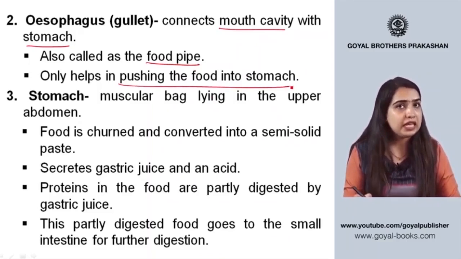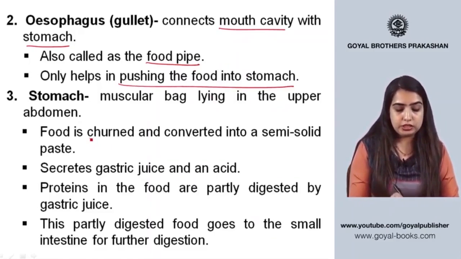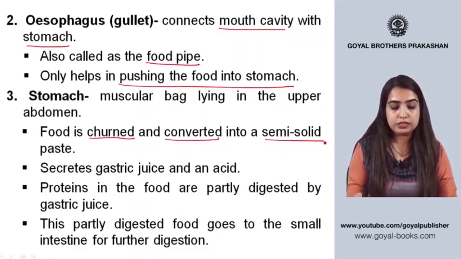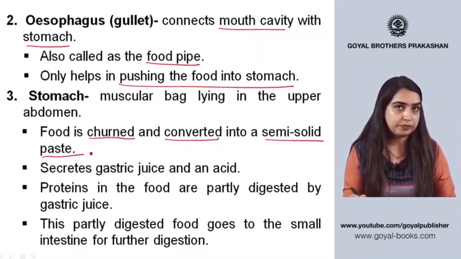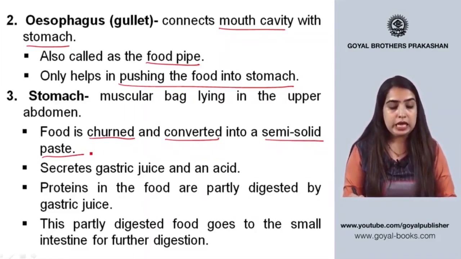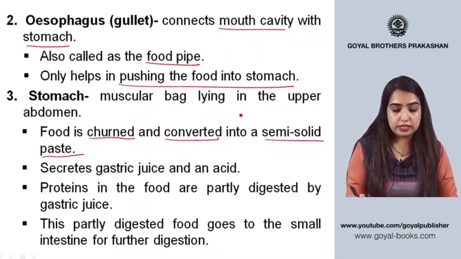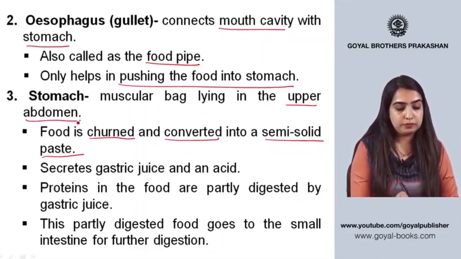Now, when the food has reached the stomach, the food is churned and converted into a semi-solid paste. And you might ask, what does the stomach look like? Well, it is a muscular bag which is located in the upper abdomen.